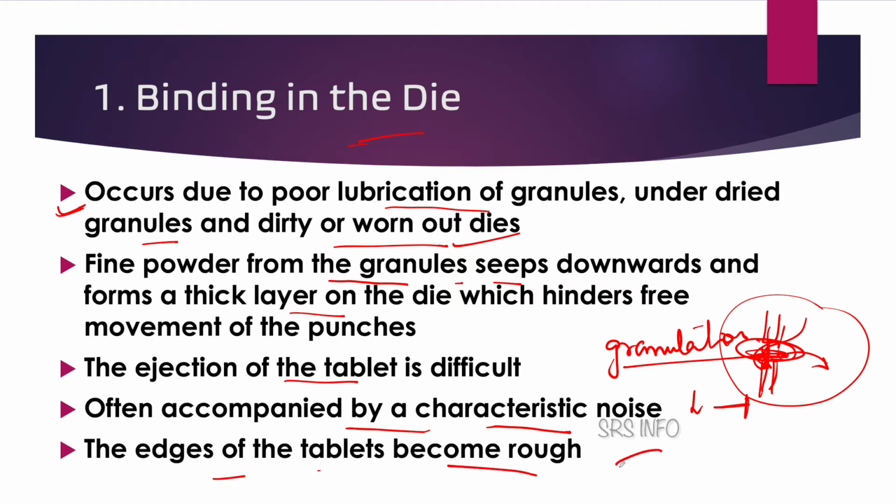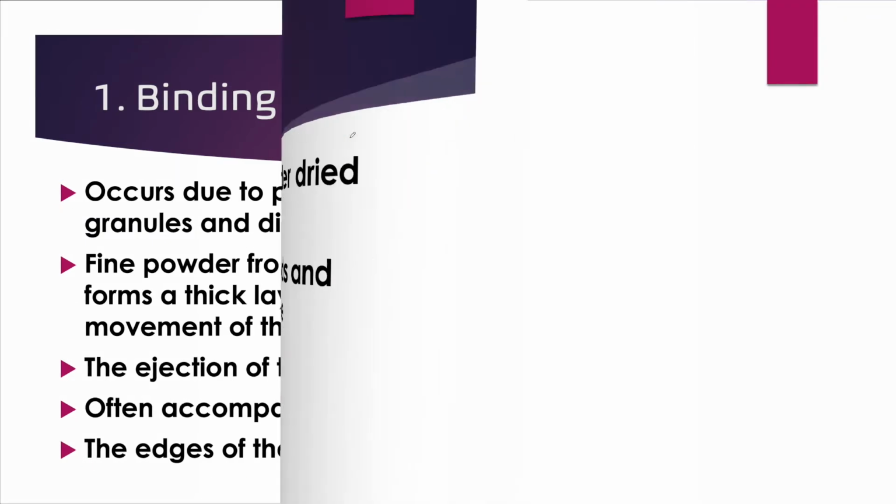This is the tablet which comes out from the dies which are not properly working. The sides become rough, it is not in a finished form. So we can identify the defect even after the formation and ejection of the tablet. So these are the main reasons and characteristics of binding in the die.